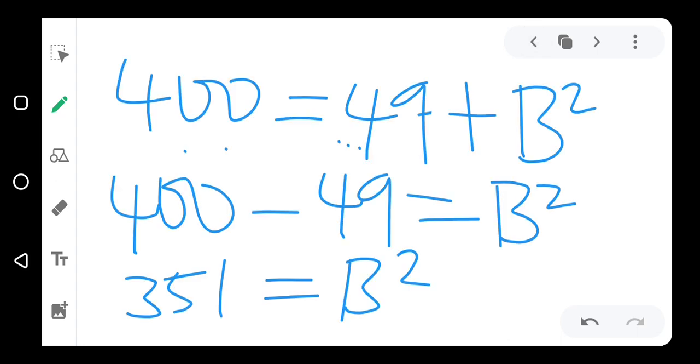Now we check if there is any perfect square inside 351. 351 is actually 39 times 9.